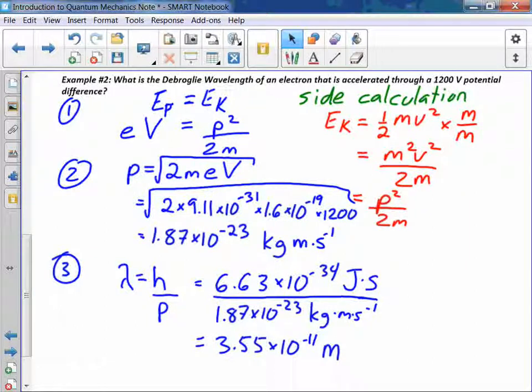At a certain point, above the size of small molecules, the de Broglie wavelength is smaller than the size of the molecules.